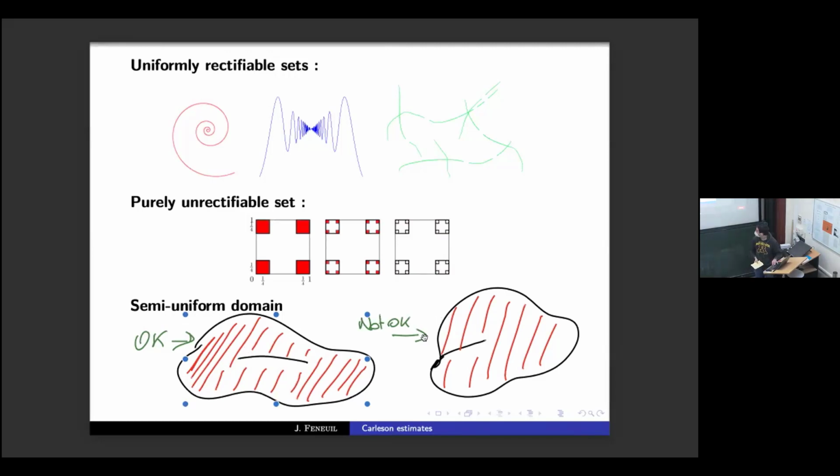And the opposite, this one is not semi-uniform because if you take a point which is on the boundary here and a point which is inside the domain above the dark line, then to connect the two, you have to go around the black line, so you'll take a long path.